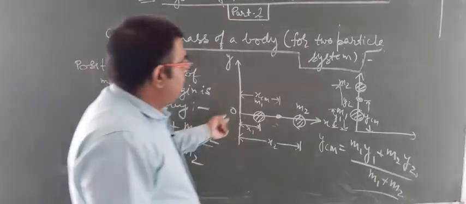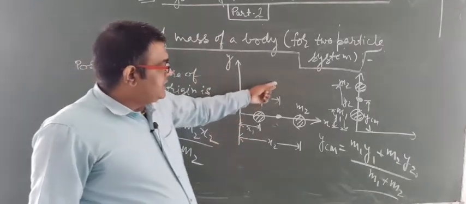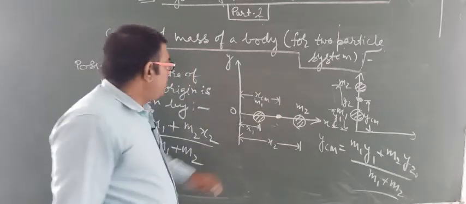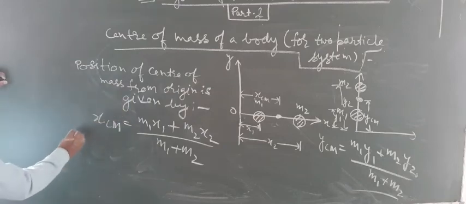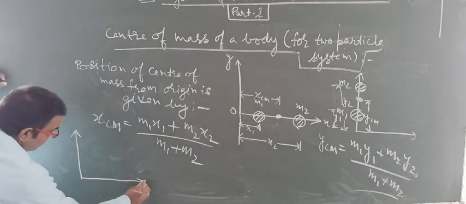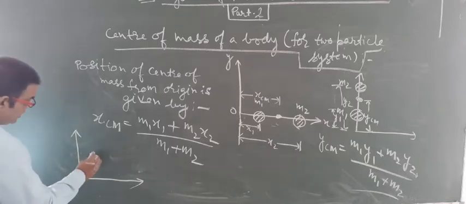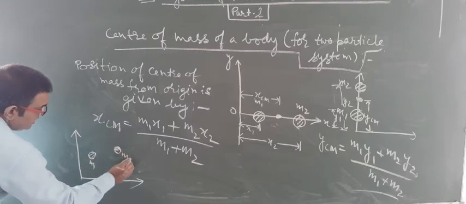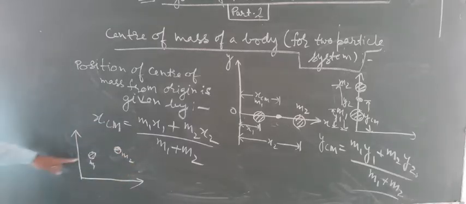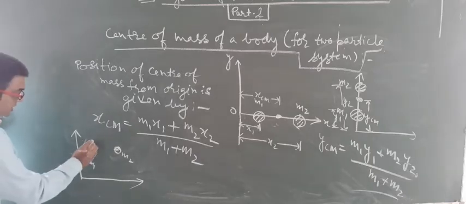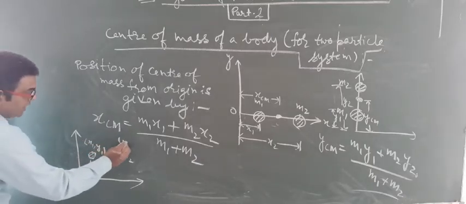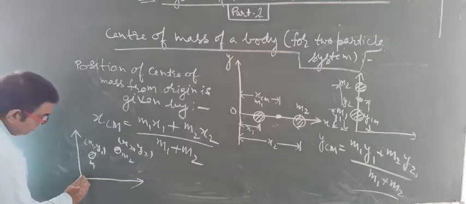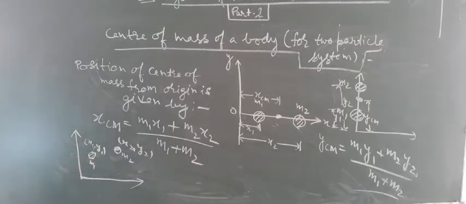Clear? Now if this system of mass is lying in the xy plane, suppose m1 mass is lying here and m2 mass is lying here, and suppose this is x1 y1 and this is x2 y2, then how can we find the center of mass?